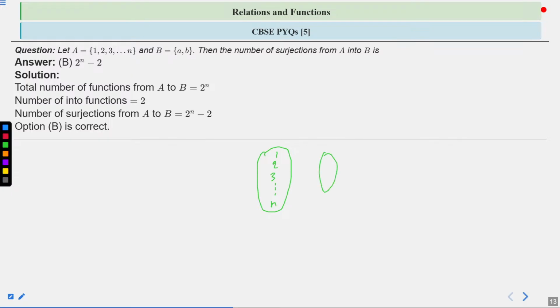A has 1 to n elements, B has 2 elements. So the number of into functions can be defined as 2 because B has only 2 elements. Therefore the total number of onto functions will be 2 to the power n minus 2.